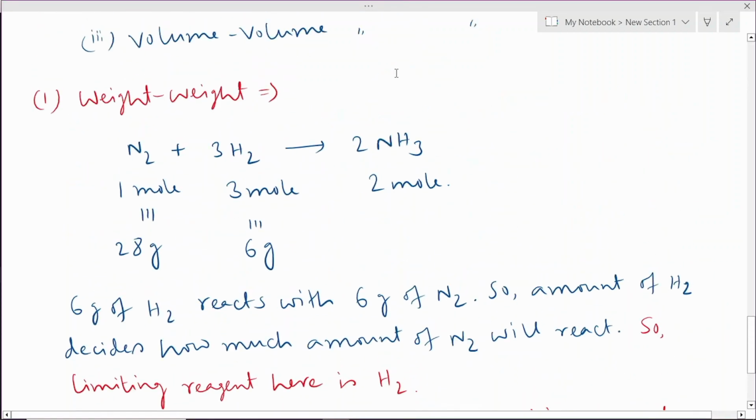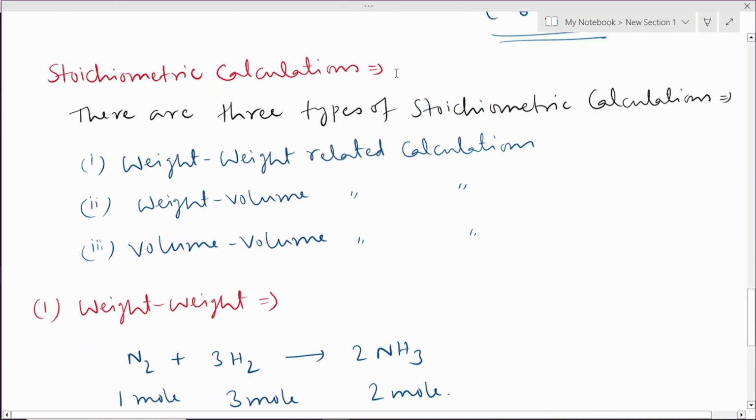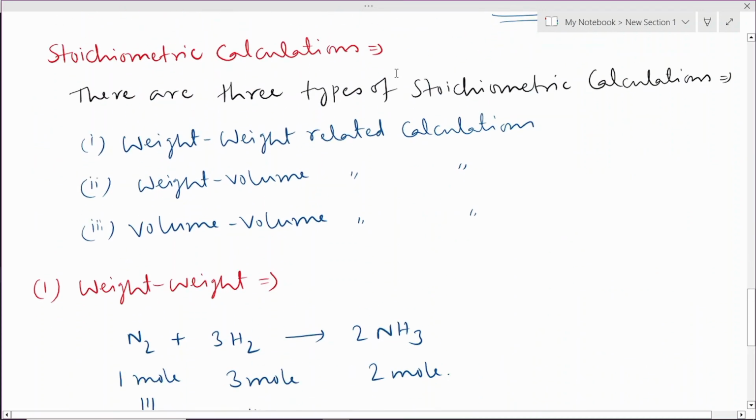So this concept is used in weight related calculations.